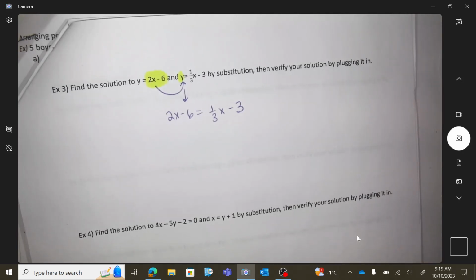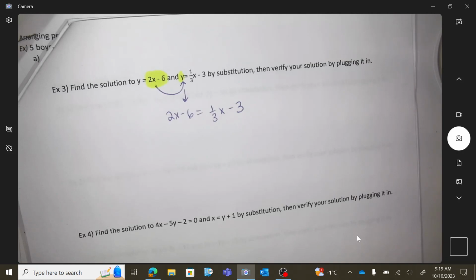Okay, so algebraically, what would be a good thing to do to help us out? My hint would be, I'm guessing none of you like to do math with fractions. That's probably my guess. So we can eliminate fractions by doing something to this.